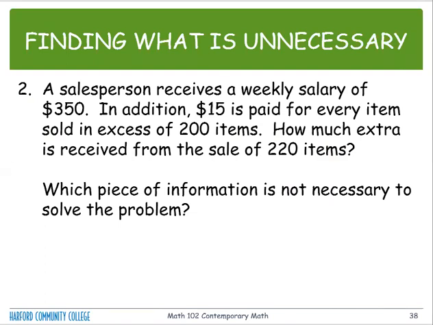Which piece of information is not necessary to solve the problem? The problem asks how much extra is received from the sale of 220 items. So the part that is not necessary to compute the extra quantity would be the weekly salary of this salesperson.